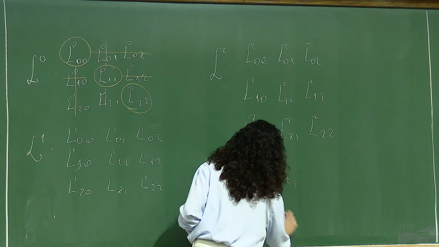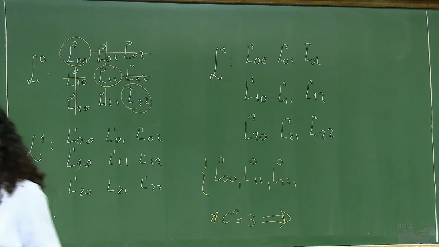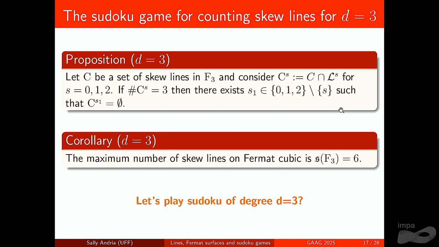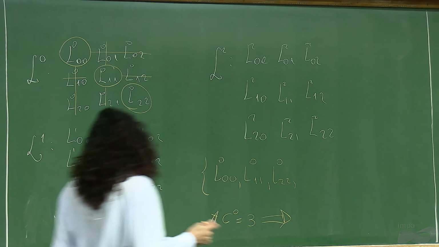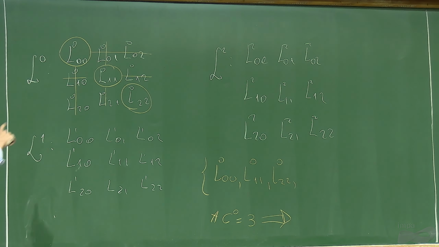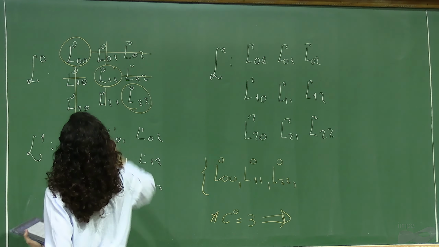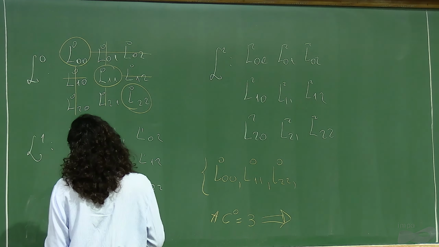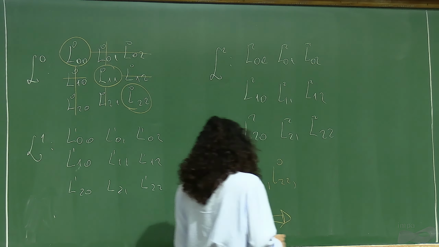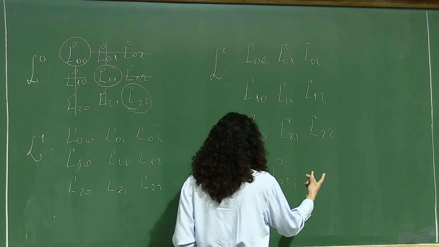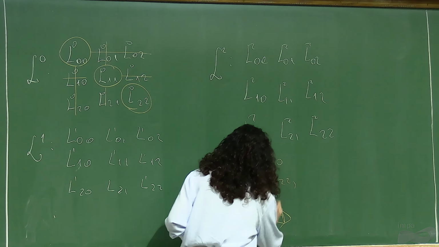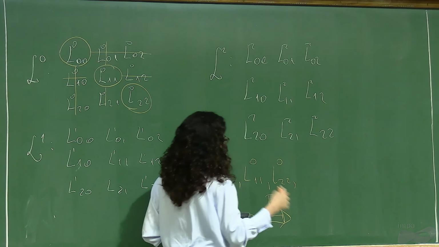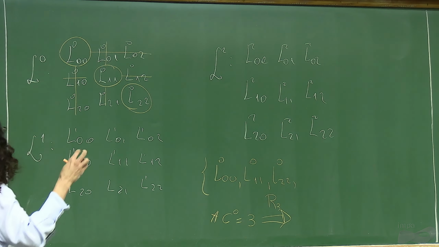And analyzing the relations, we saw that when we look at the sum of the indexes of these elements, we obtain all the remainders of the division by 3.